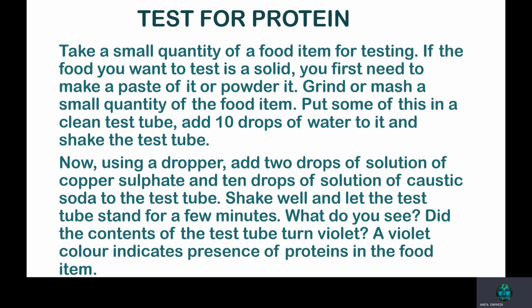Now, using a dropper, add 2 drops of solution of copper sulfate and 10 drops of solution of caustic soda to the test tube. Shake well and let the test tube stand for a few minutes. What do you see? Did the contents of the test tube turn violet? A violet color indicates presence of proteins in the food items. So, in this way, we can easily detect the presence of protein in our daily food items.